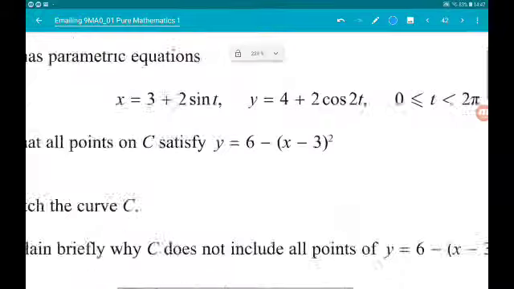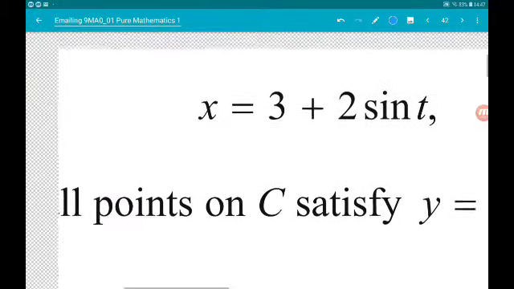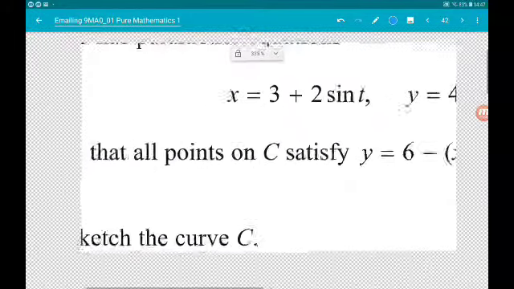So, notice there's an (x minus 3) squared. Now, over here, we got x is 3 add 2 sine t.